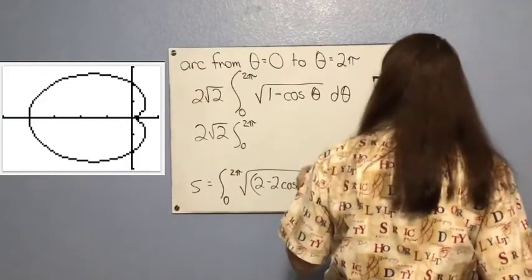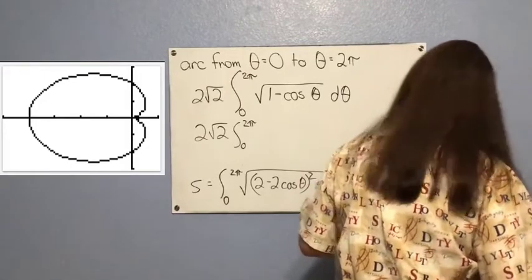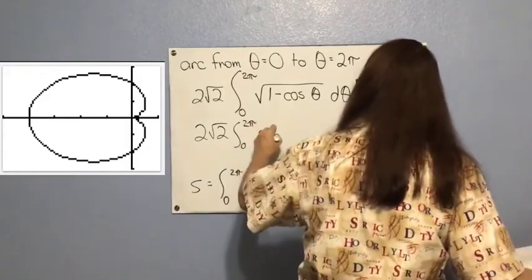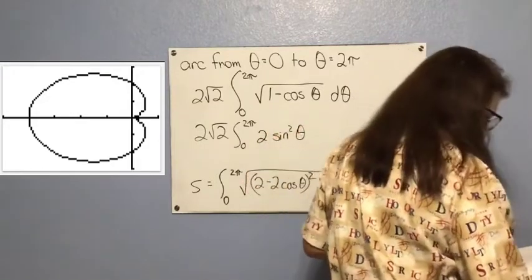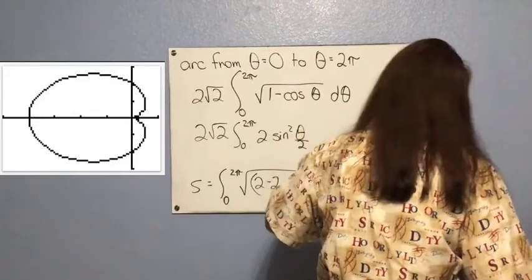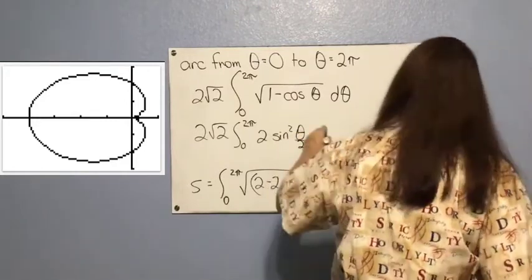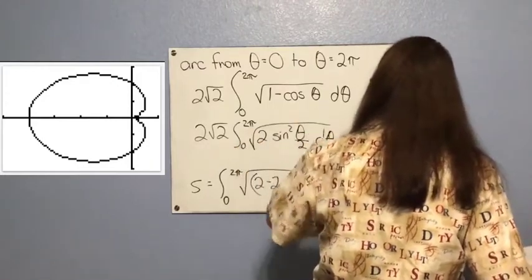Okay, now I'm going to use a trigonometric identity and have 2 sine squared theta over 2 d theta. And this is all still inside the square root.